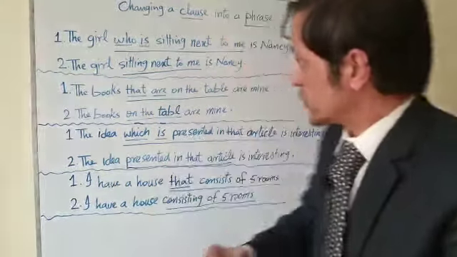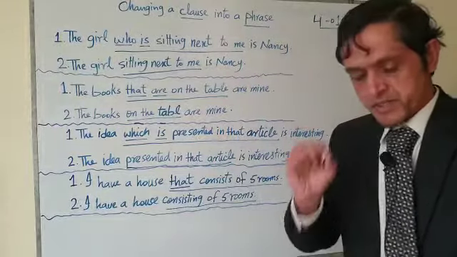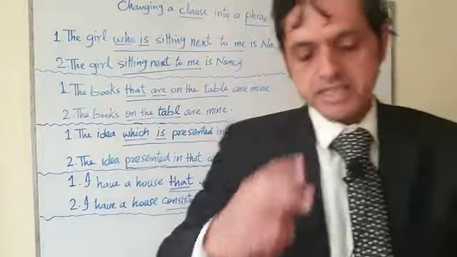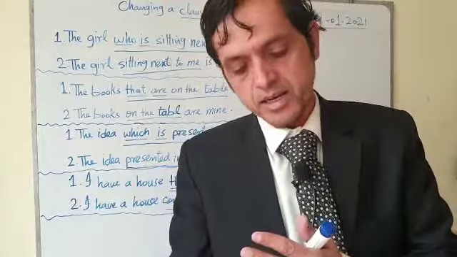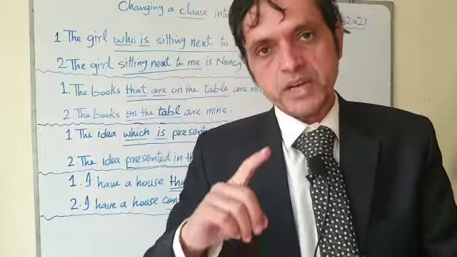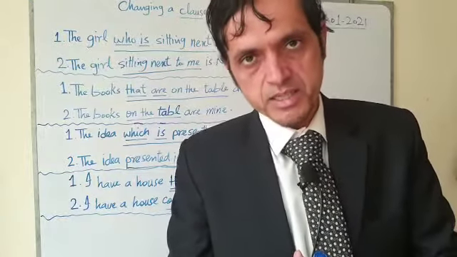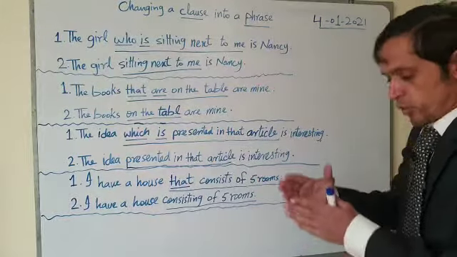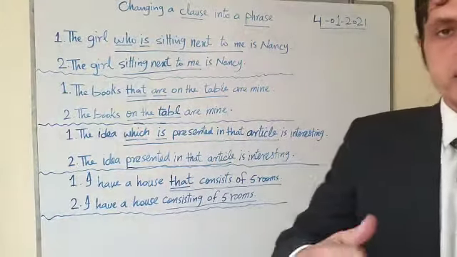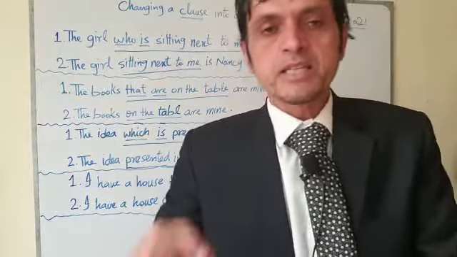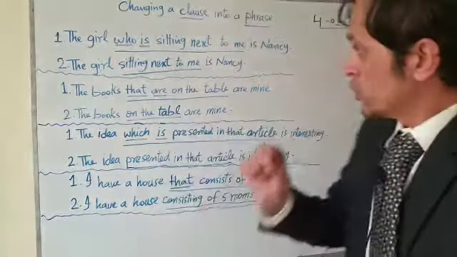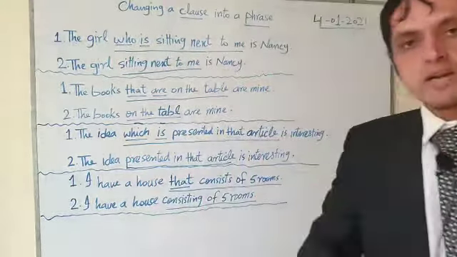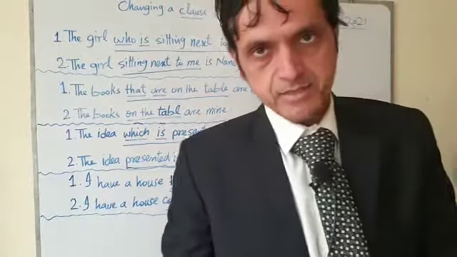First of all, keep in mind that every sentence is a clause, and we have a number of clauses which are not sentences. So when they ask you to change a clause into a phrase, they ask about those clauses which are not complete sentences.